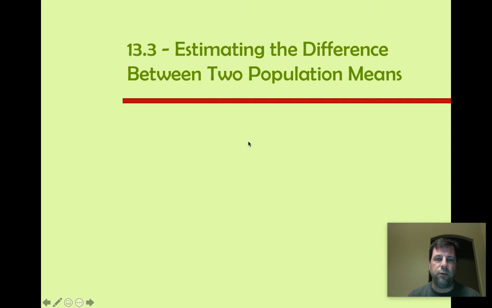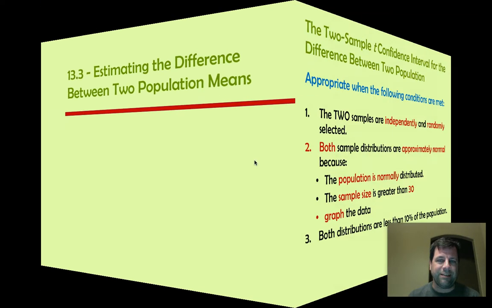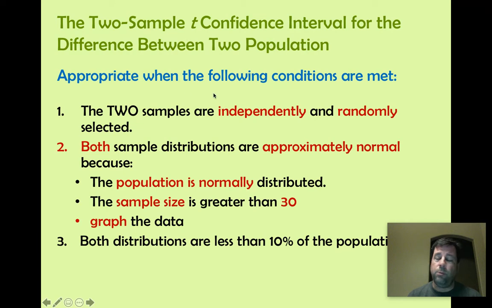All right, here we go. 13.3, estimating the difference between two population means. We're going to jump right in with the conditions. Guys, the conditions are not any different than anything we've done all year. These are going to be really important. Two samples are independently and randomly selected. We're back to independent because we have two independent random samples.